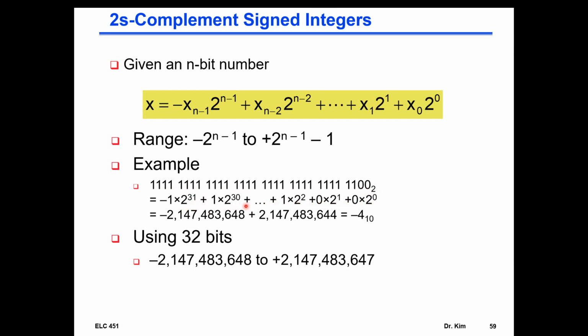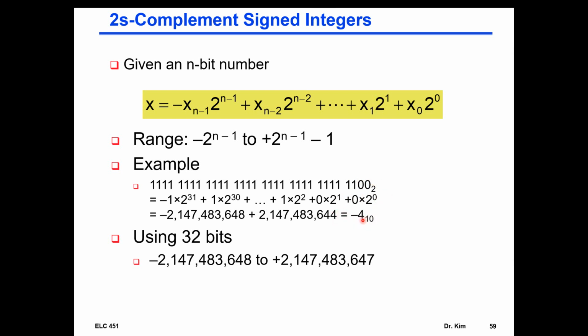And if you carry that out, you would get the number -4. Because this is a large negative number. This -1 times 2 to the 31 is a very large negative number. And then you start adding all the other bits here, and you really get to a value that is close to 0.